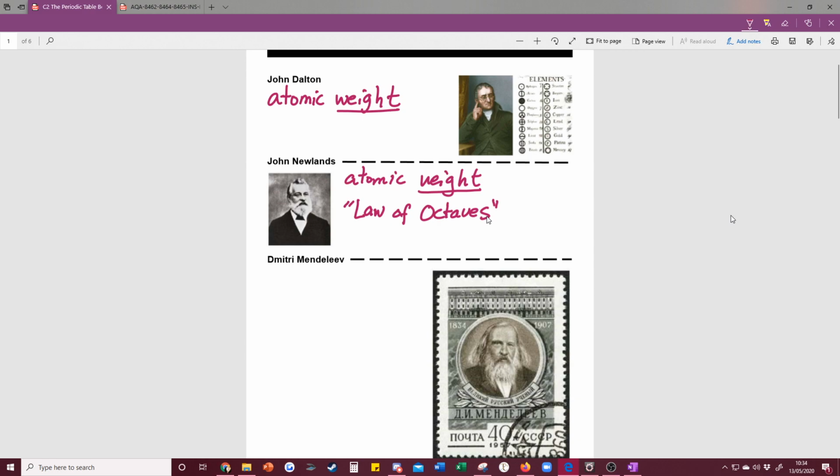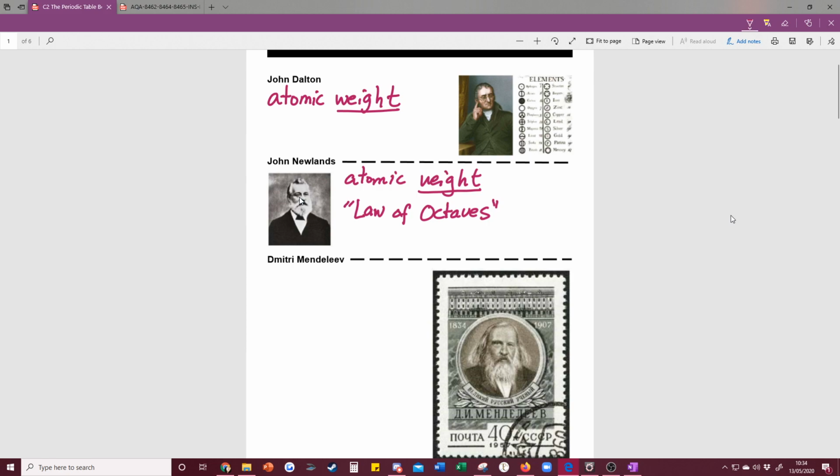So for example, he noticed that every 8th element is super reactive in water. The next set of every 8th element is unreactive. He noticed a pattern. If you imagine, for example, the first one, the 8th one, the 16th one, and then the 24th one behave similarly.